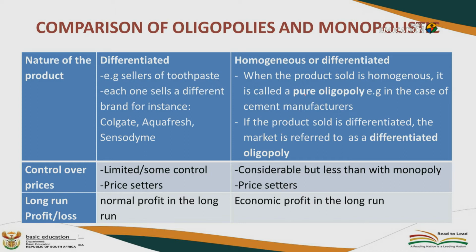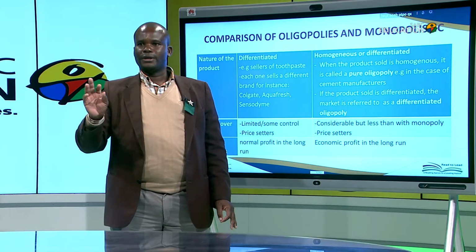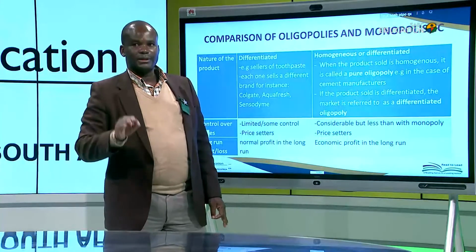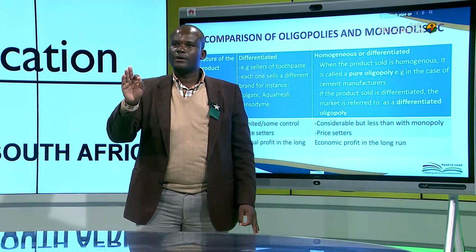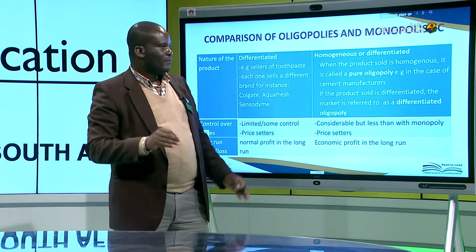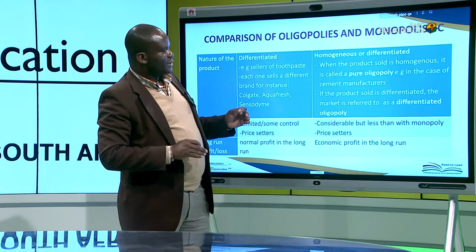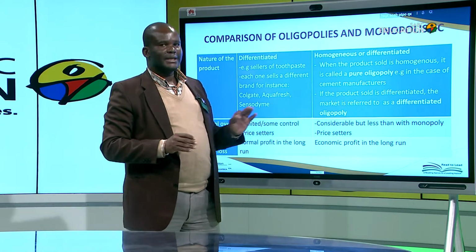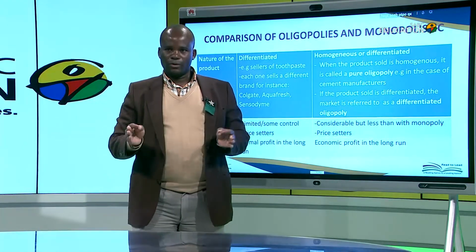When firms are selling a homogeneous product in this market, it is referred to as a pure oligopoly. For example, sellers of cement, or cement manufacturers, are an example of a pure oligopoly because they are selling a homogeneous product. But in instances where firms are selling a differentiated product, we call it a differentiated oligopoly.